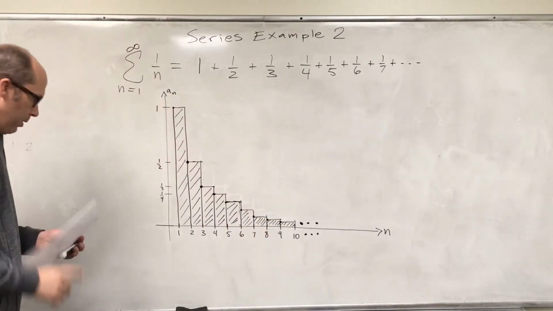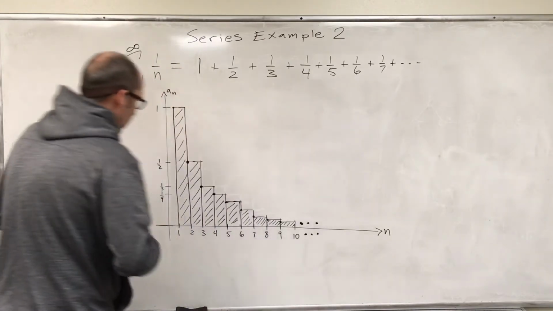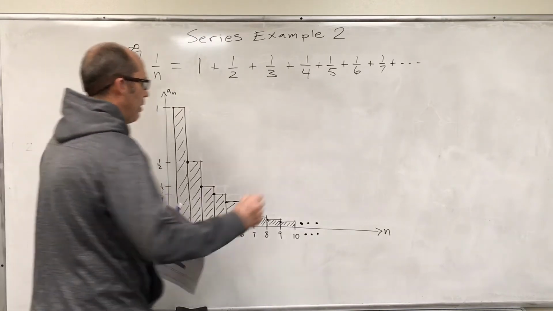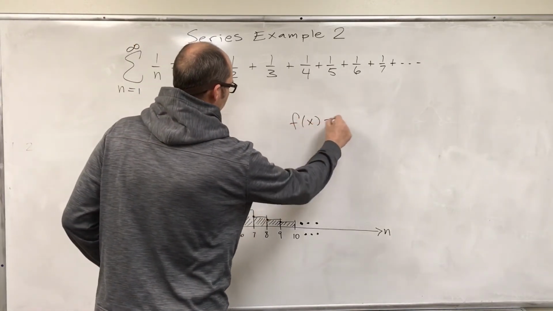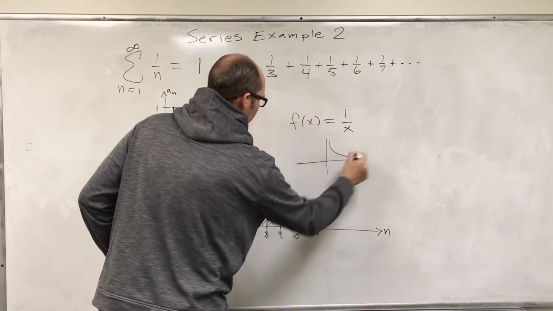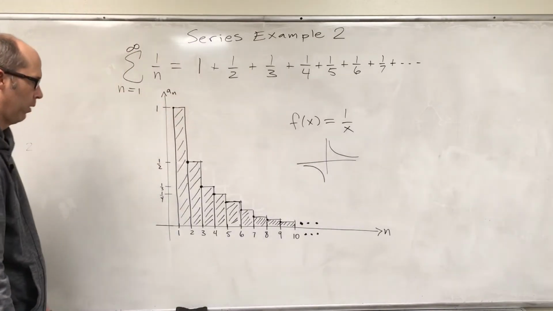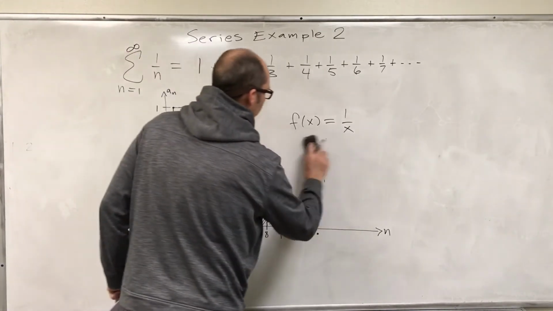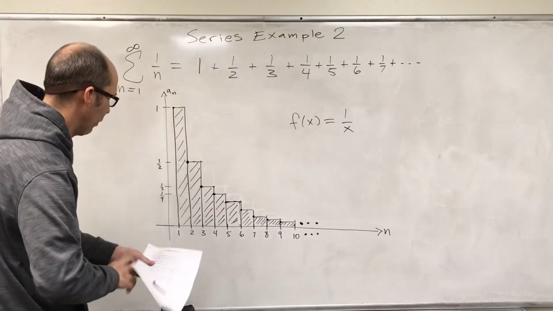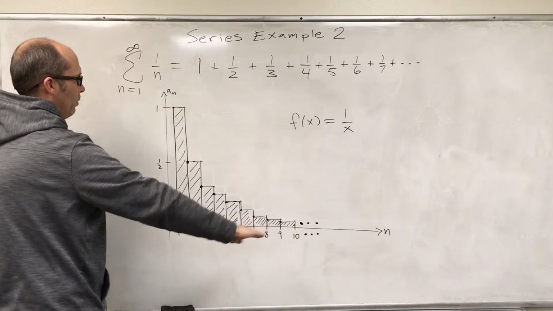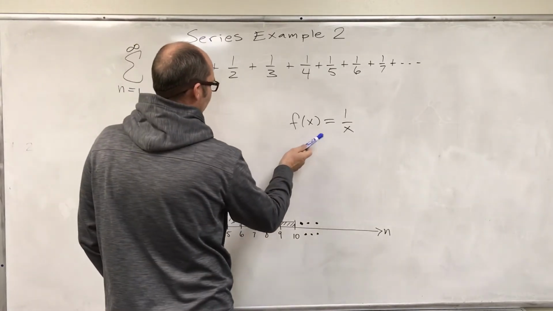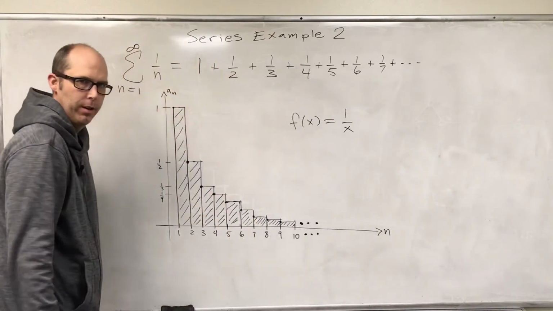Now the thing to notice is that, think of the function f of x equals 1 over x. Now remember, this graph looks like something like that. So that graph goes right through each of these points. Remember, a_n is the discrete analog of a continuous function, f of x.